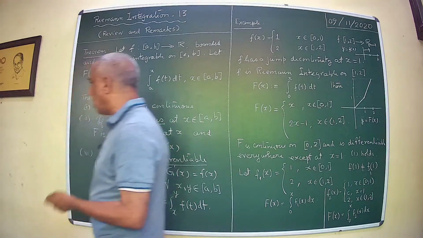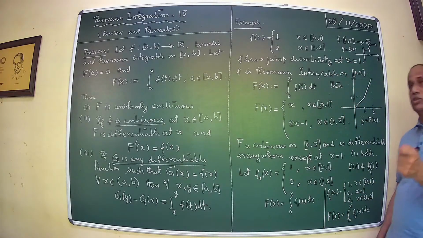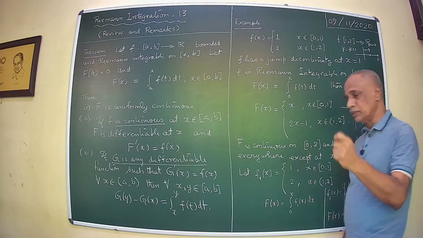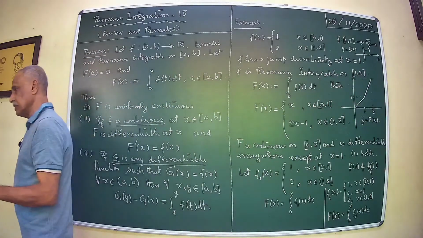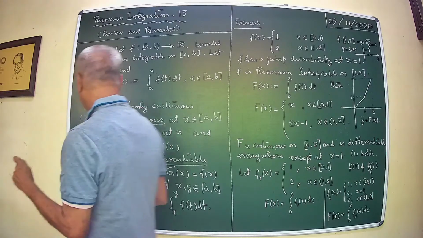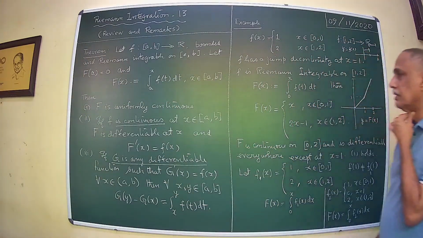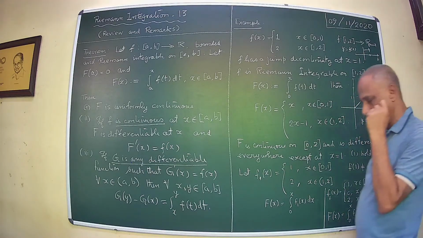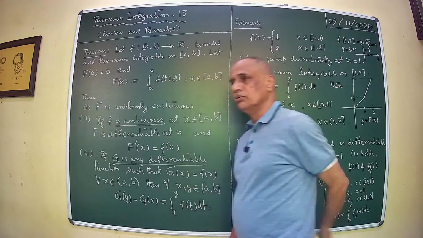Of course, it is not there the moment you take small f to be a continuous function. The moment you take small f to be a continuous function, this problem does not exist. And you see that is the first part of this. The second statement of the theorem, if f is continuous at a point x, then the derivative of capital F is exactly equal to f of x.